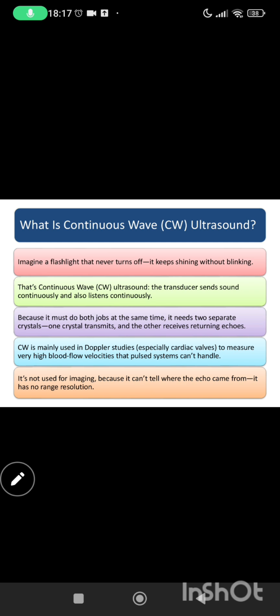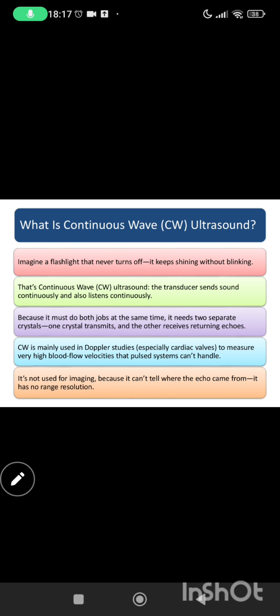Detection of Doppler shift. CW Doppler is like keeping a flashlight on all the time, shining without blinking. That's exactly how a CW ultrasound works.